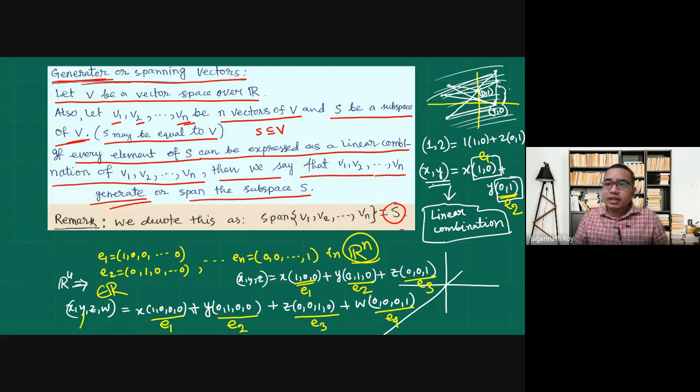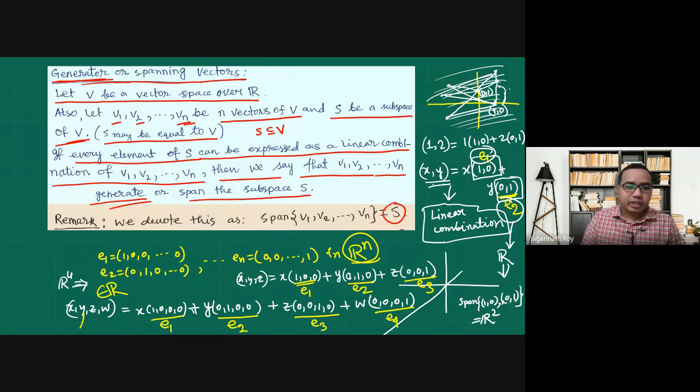In other words, the span, the range of these two vectors, will generate the whole two-dimensional space. So in this definition, we can write the span of 1, 0 and 0, 1 is the two-dimensional space R2.